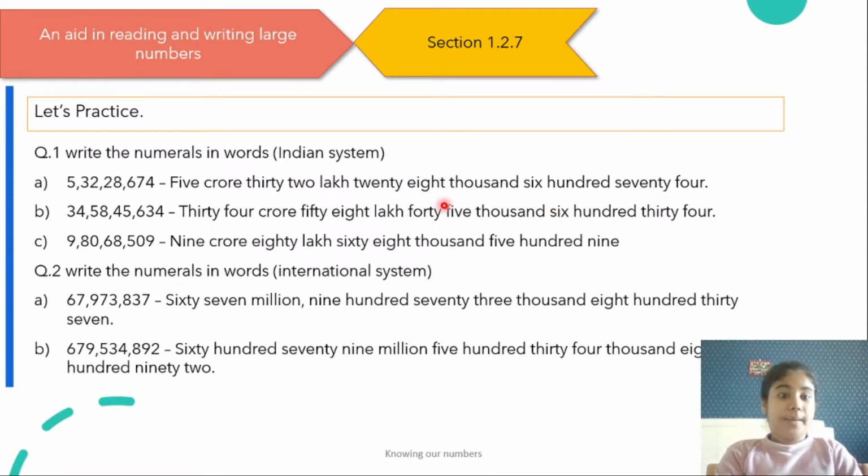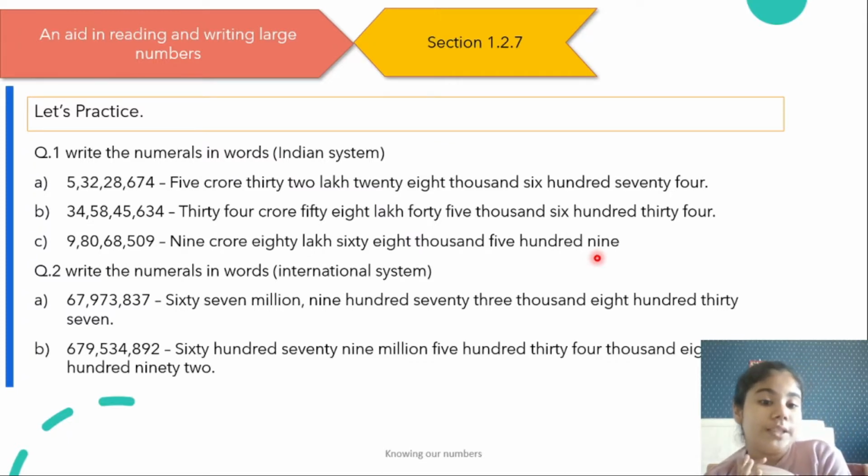Ooh, these are big numbers, so don't make mistakes here. Our next number is 34 crore 58 lakh 45,634. Okay, next up we have 9 crore 8 lakh 68,509. To make things easier to read, we need to look at the commas.